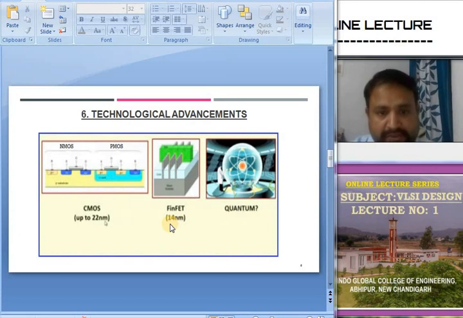Various programming techniques have to be developed by which the integration of various devices can be very small.